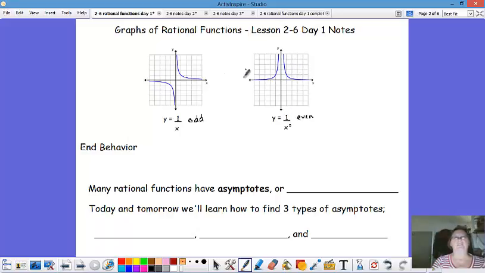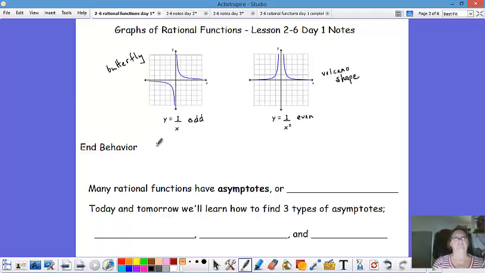I don't know how you guys think about this, but I always call this a volcano shape. And this one with the odd exponent, to me that looks like a butterfly. You'll probably come up with your own descriptions of what these look like, but in any case, 2 or more branches in a rational function.